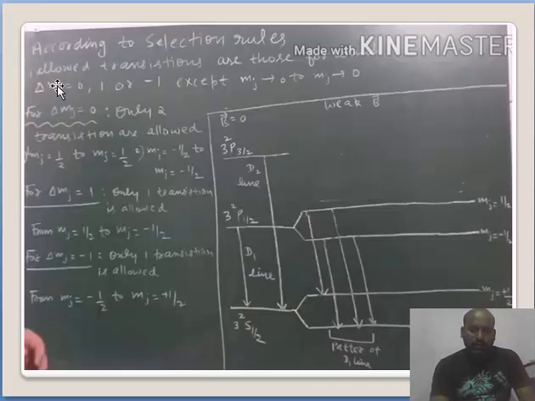The selection value should be 0, +1 or -1.